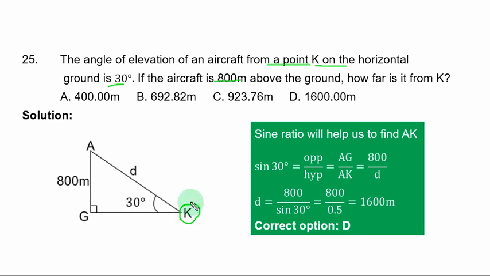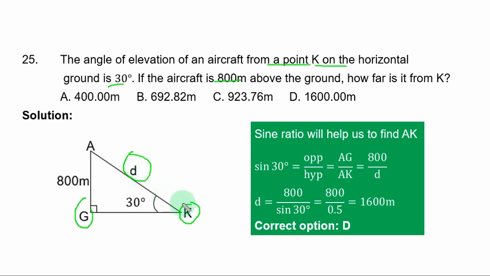Of course, the aircraft is somewhere in the air. Now the distance of the aircraft from the ground level is 800 meters. So this is the ground level. So you are asked to find how far the aircraft is from K. So this is the distance you are asked to look for.